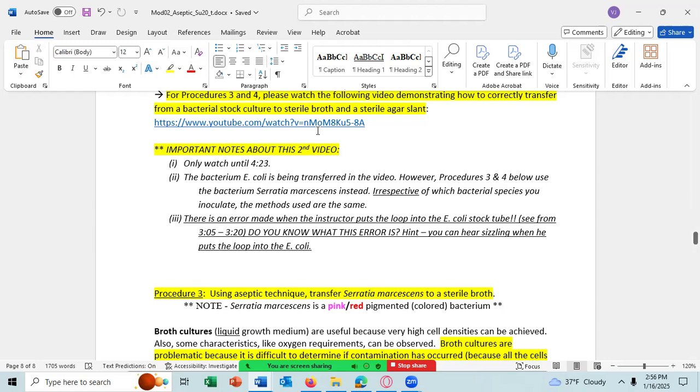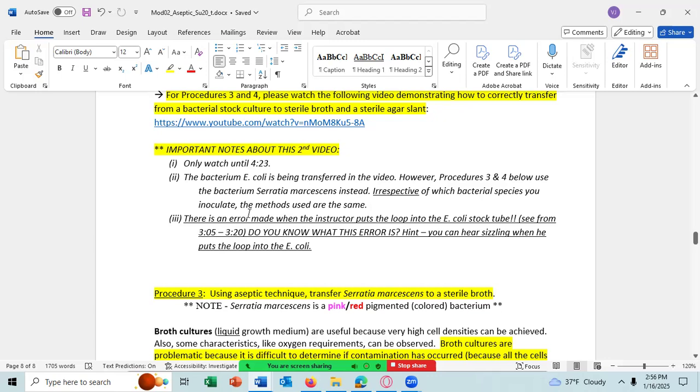in color. You should note that an error is made when the instructor puts the loop into the stock culture of E. coli. You can hear that error someplace between 3 minutes and 5 seconds into the video and 3 minutes and 20 seconds into the video. Do you know what the error is? You can hear sizzling when he puts the loop into E. coli.